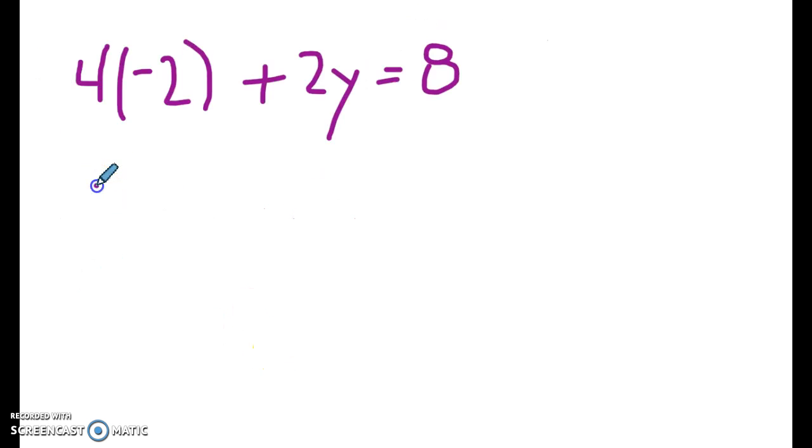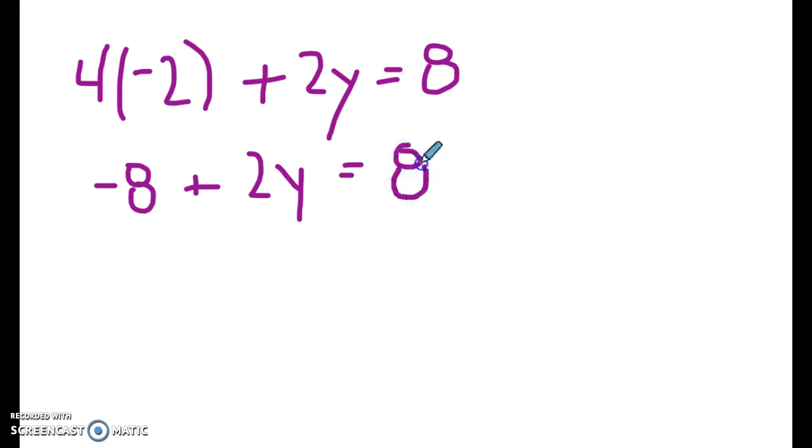So, okay. 4 times -2 is -8 plus 2y equals 8. Well, I want to do everything I can to get the y by itself. So I need to undo what I'm doing to it. Well, I'm multiplying it times 2, but first I need to get rid of this plus -8.